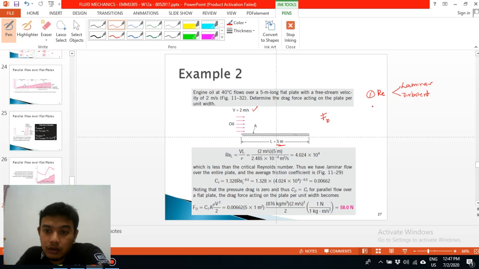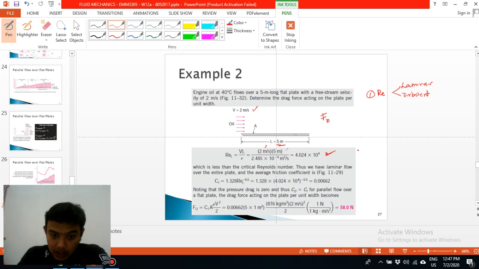So for the second step, we go one by one. The Reynolds number is VL over nu, where our V is 2 meters per second, our length is 5 meters, and our nu is 2.485 times 10 to the power of negative 4. So here we get a Reynolds number of 4 times 10 to the power of 4.